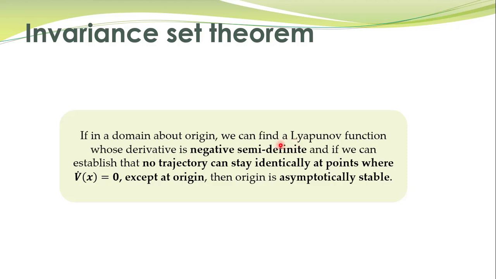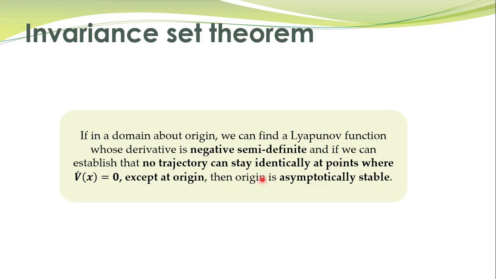If the derivative of the candidate Lyapunov function comes out to be negative semi-definite, and if we can establish that no trajectory can stay identically at points where V dot is equal to 0 except at the origin, then the origin is asymptotically stable.